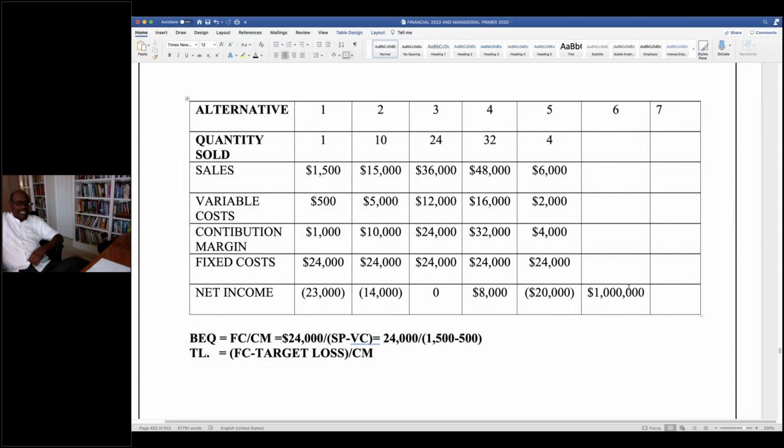That's a good thought process. So when we're dealing with a target profit, it's going to be parentheses fixed costs plus the target profit.